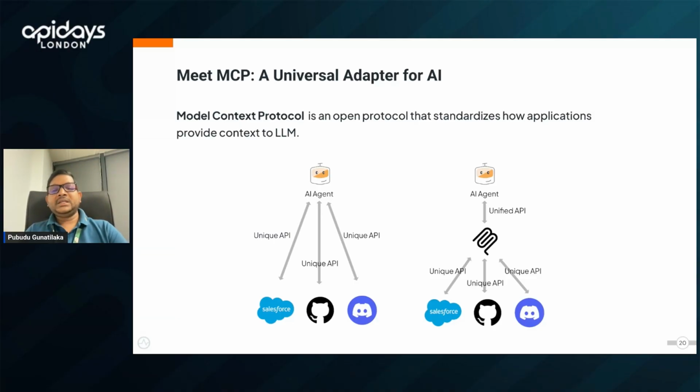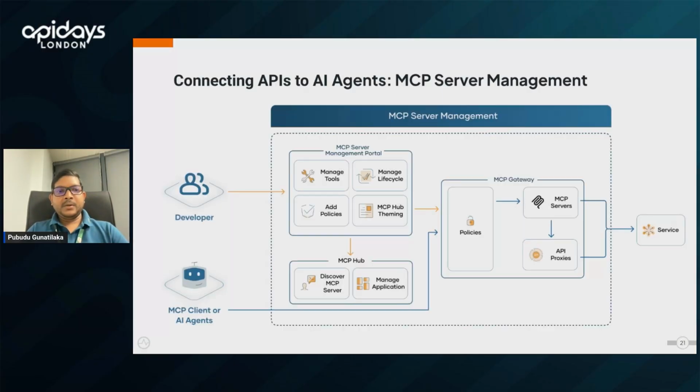Now the AI agent has a unified API thanks to MCP, where MCP takes care of calling the other APIs in their unique ways. So that's the high-level idea when it comes to MCP.